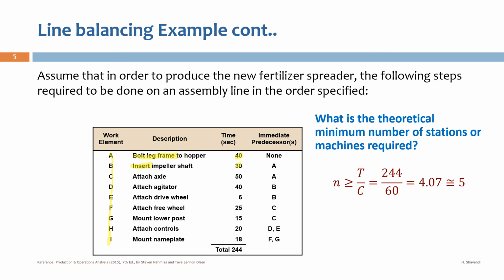And also we have the predecessor relationships between the work elements. For example, work element B has a prerequisite which is A. So A should be completed in order to start work element B.